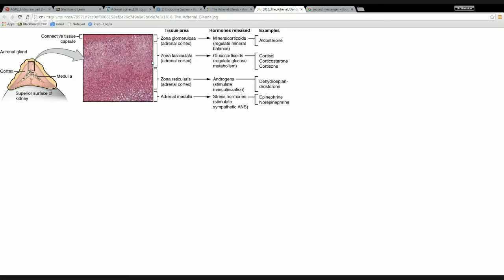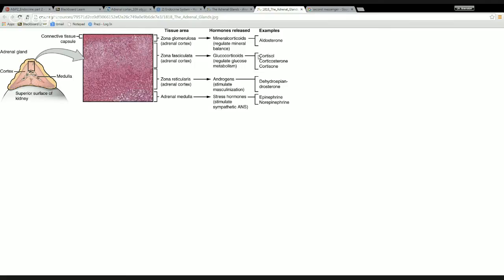Then when we go into the lighter staining zona fasciculata, that's responsible for making glucocorticoids, which regulate glucose metabolism. Now, it's not the same as what insulin does, which is regulating glucose levels in the blood. This is telling cells what to do with the glucose, okay, which insulin plays a little part in that too, but this is under special conditions these are used. Here's a few examples.